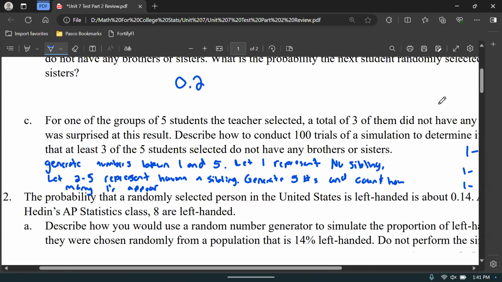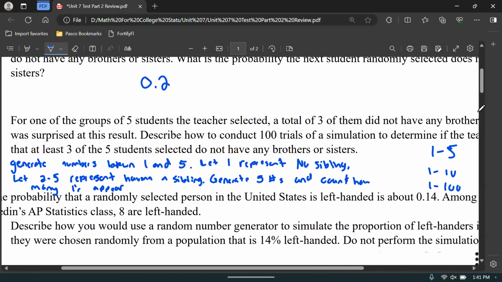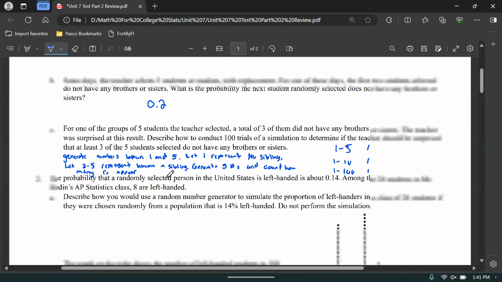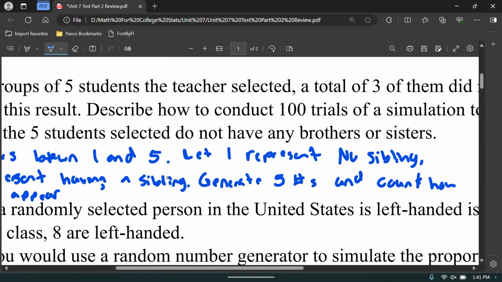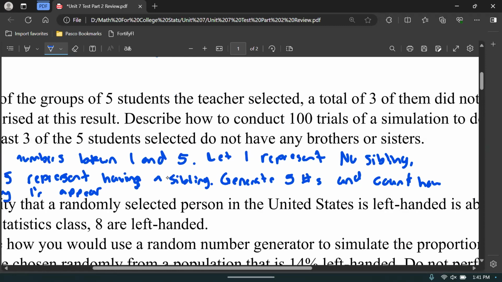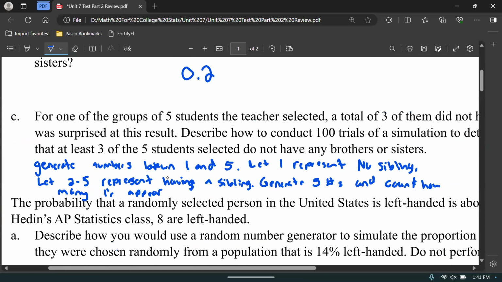Another way to say this, if you used 1 through 10, is you could say generate numbers between 1 and 10. Let 1 and 2 represent no sibling. Let 3 to 10 represent having a sibling. Generate 5 numbers and count how many ones and twos appear.